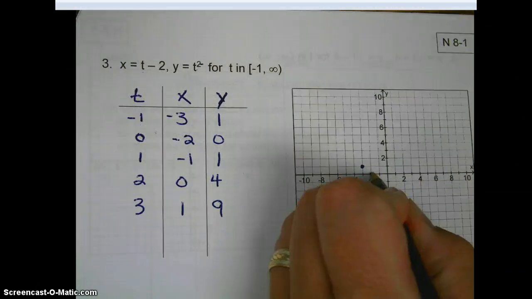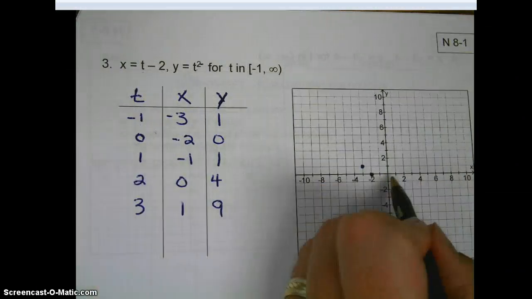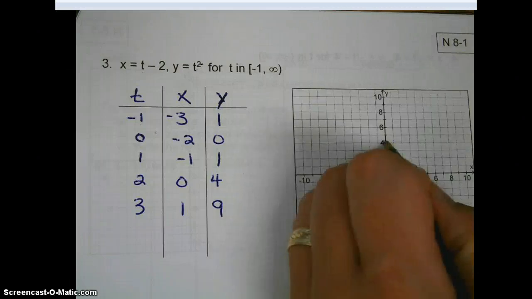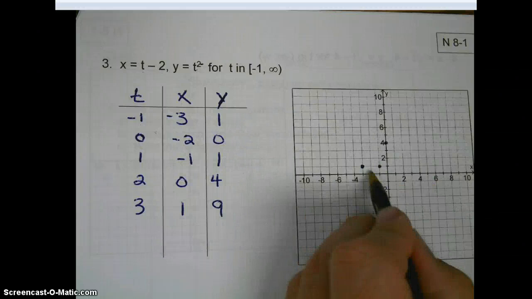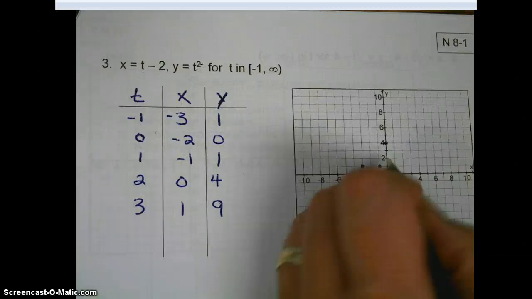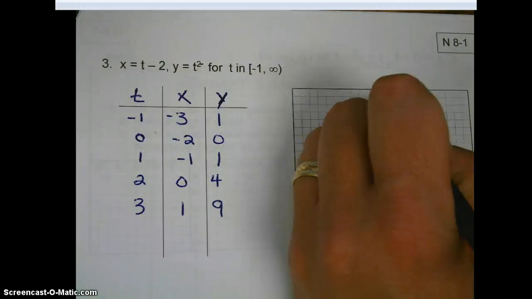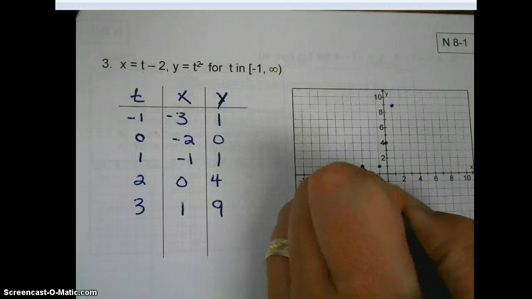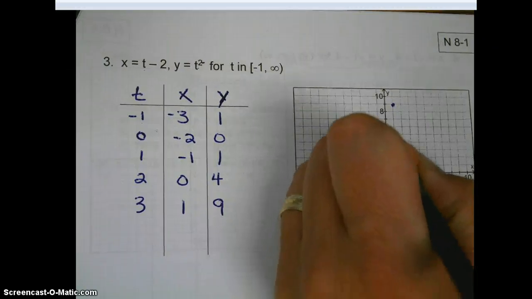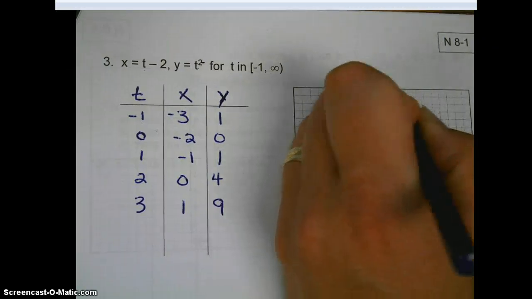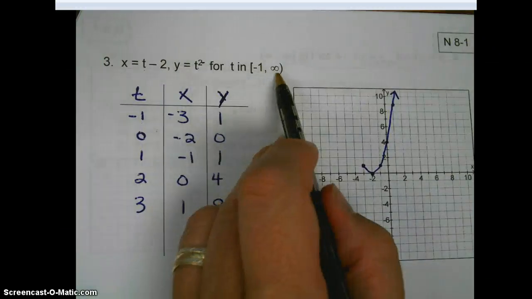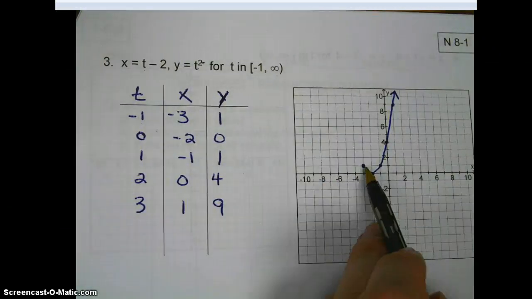Okay. -1, 1. 0, 4. That looks like it's going to be quadratic. And 1, 9. So it's going to start here. It's going to go down through that point and curve and go up. And it's going to keep going because remember, t is going to infinity, but not infinitely to the left.